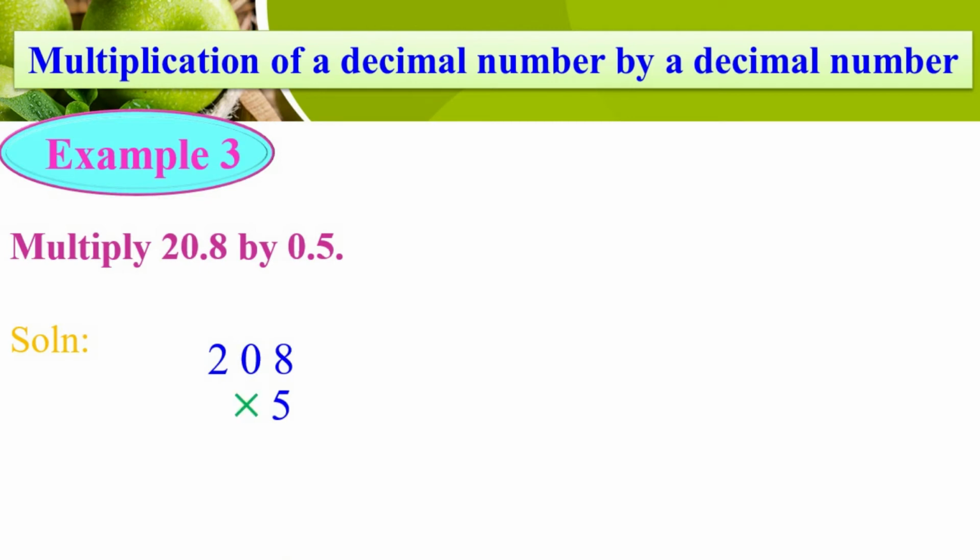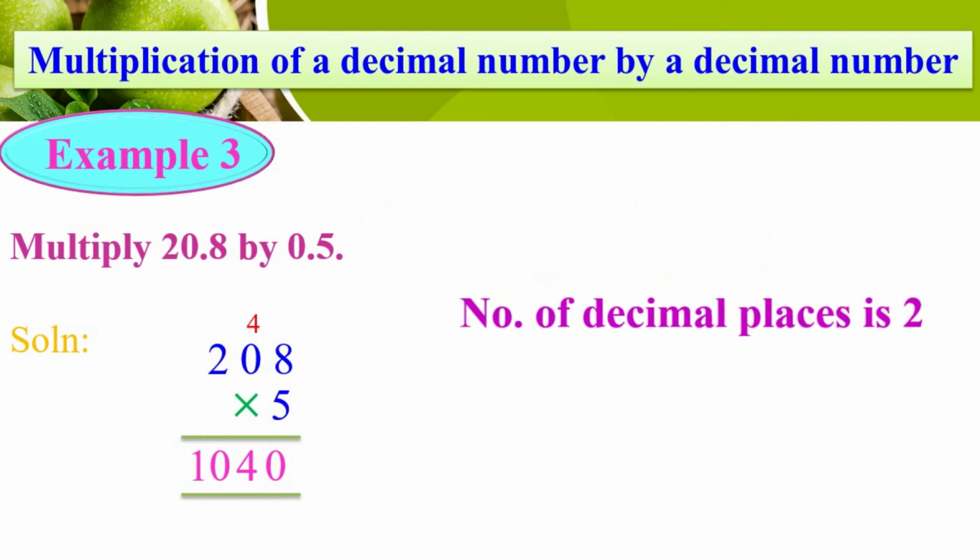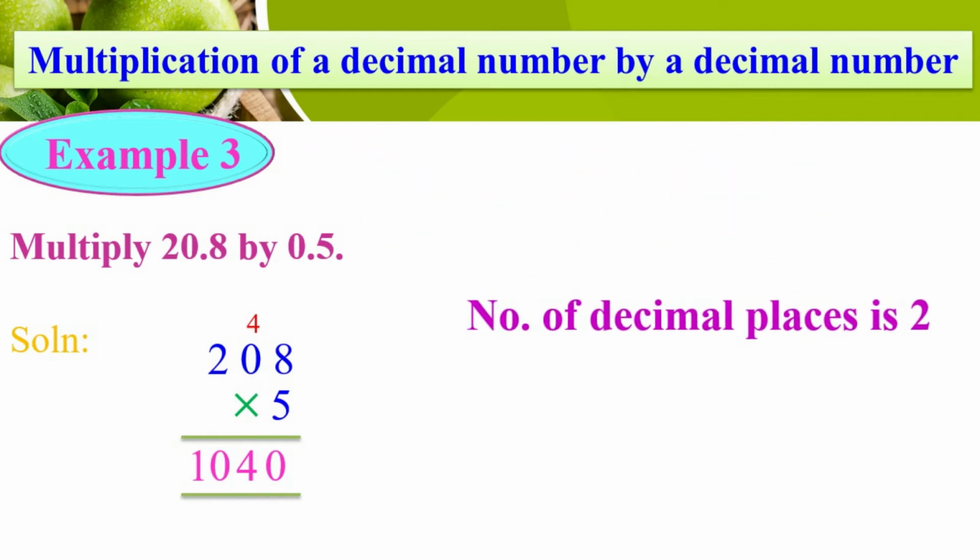Now multiply the values. 8 5s are 40. Place 0. 4 carry. 0 into 5, we get 0. So remaining 4. Place 4. 2 5s are 10. So we get 1040. Now count the decimal places.